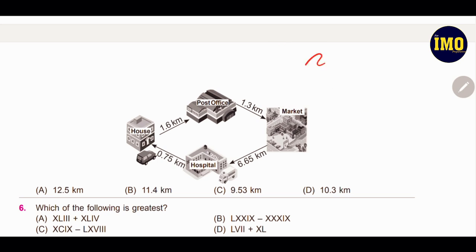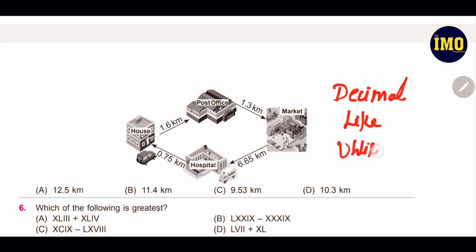I will try to clear your doubt here. Decimals, there are two kinds of decimals: like and unlike. In like decimals, children, always remember the numbers have an equal count of digits after the decimal.